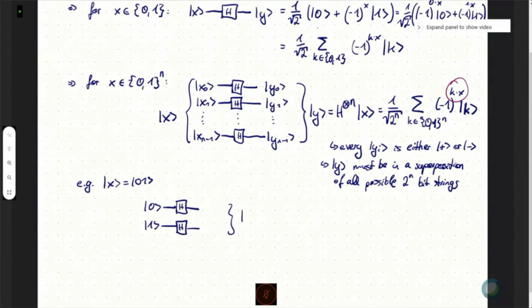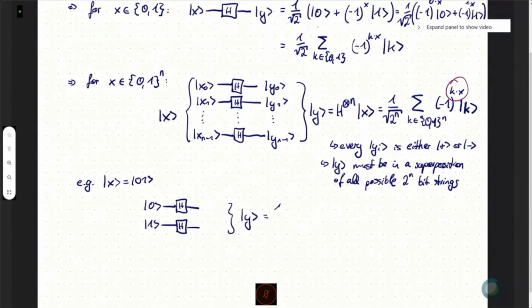Then my state y is given, according to this formula, by 1 over square root of 2 to the power 2 times, and now I have 4 terms. I'm summing over all the possible bit strings.